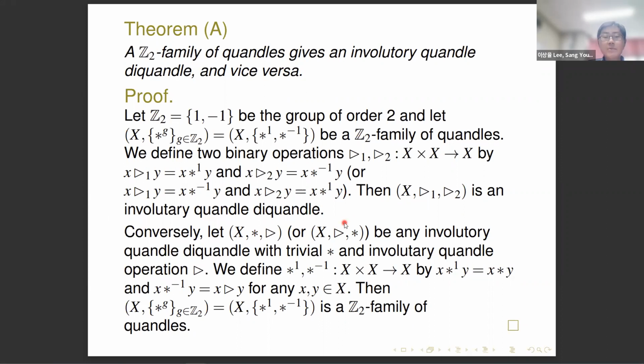That is an easy check. Conversely, let this be any involutory quandle with the trivial operation star and the involutory quandle operation δ. Then define two operations like this. Then this is a G2 family of quandles. So a special class of diquandles is just the G2 family of quandles.